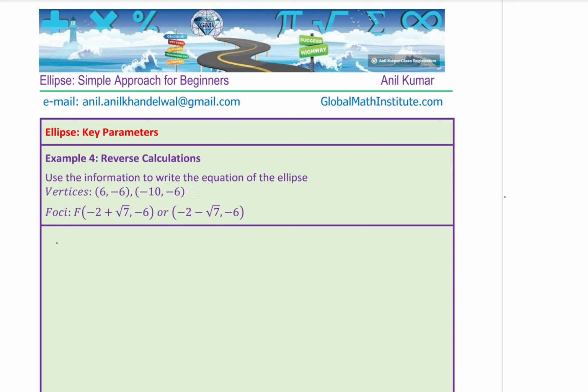Use the information to write the equation of the ellipse. Vertices are at 6, minus 6 and minus 10, minus 6, and the foci are at minus 2 plus square root 7, minus 6, or minus 2 minus square root 7, minus 6. Now what do you notice?